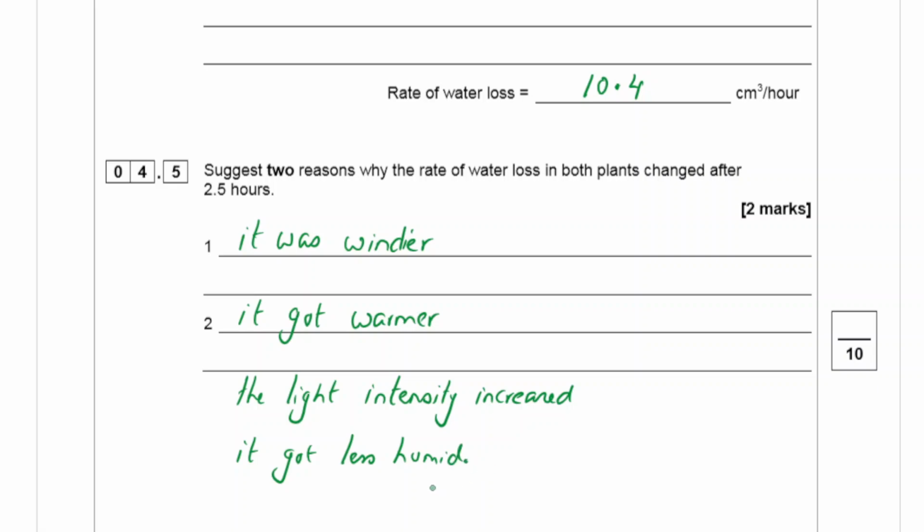Humidity affects the amount of water that is actually lost from plants. In a high humid environment, meaning there's a lot of water vapor in the air, the water that is lost from the plant reduces by a lot.